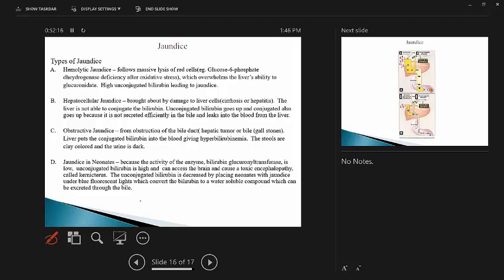When you're breaking down a lot of red cells, what red cell precursors would you see? Reticulocytes, yes. And how do you know that they're reticulocytes? They're not clear in the middle.